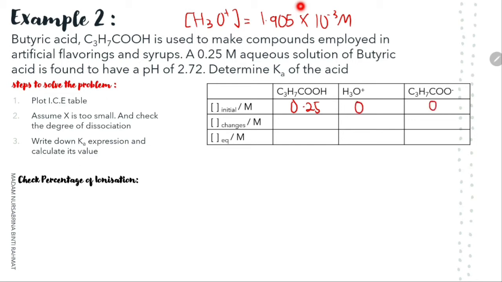I eliminate water from my ICE table because water has a constant concentration and does not need to appear in the expression. So I'm just focusing on the compounds that will appear in the Ka expression. Changes are in terms of X, so always negative X or negative 2X depending on the mole ratio. So negative for butyric acid, positive for H3O plus and its conjugate base. And equilibrium is simply initial plus changes.